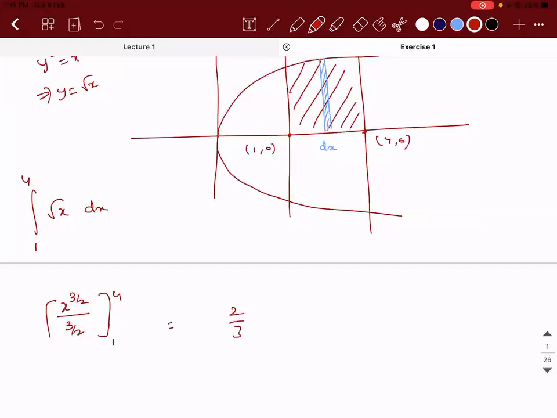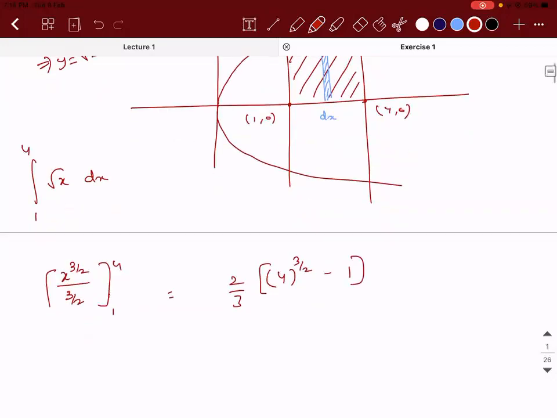So 2 by 3 into 4 power 3 by 2 minus 1. So 4 power 3 by 2 is going to be 8 minus 1. So it is going to be 14 by 3 square units. Next.